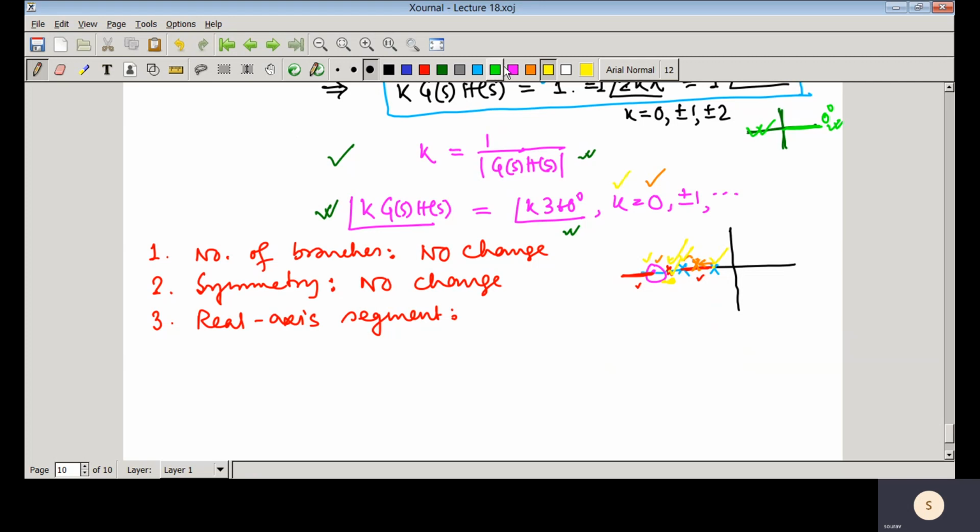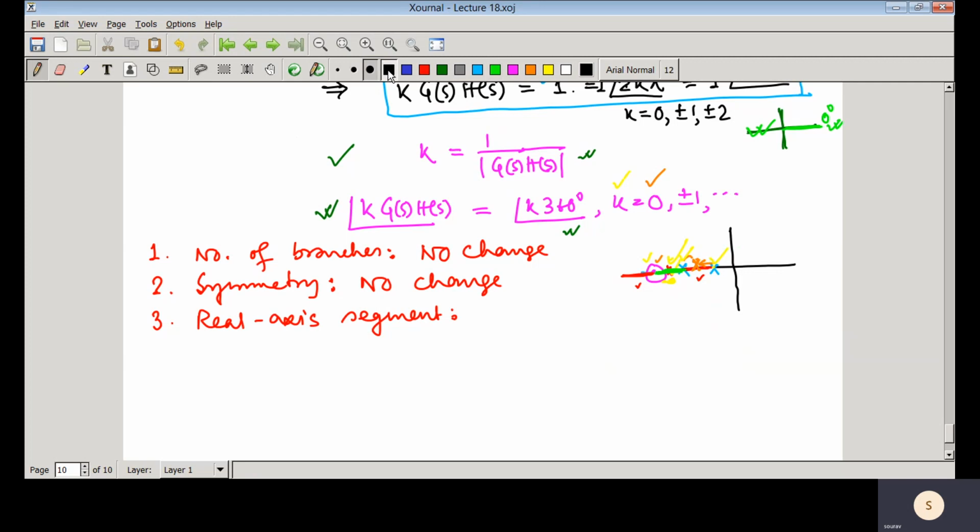That means this segment is part of the root locus. So the segments on the real axis which are part of the root locus in case of negative feedback, the complement of those segments would be part of the root locus if you consider positive feedback.